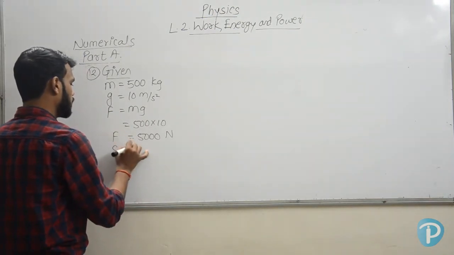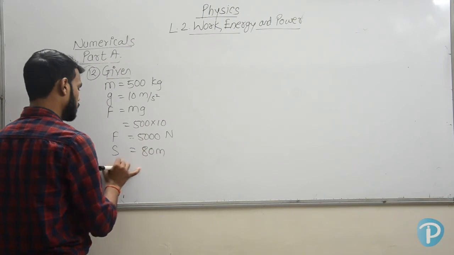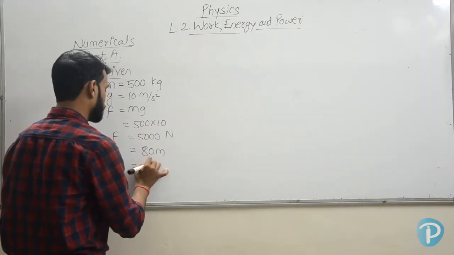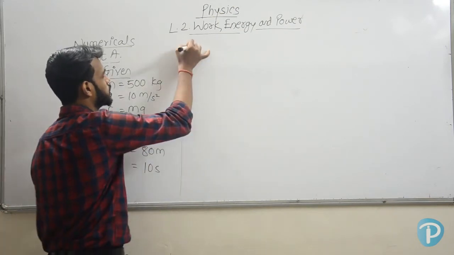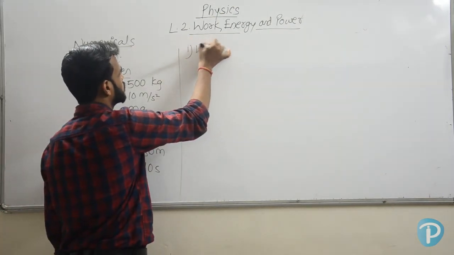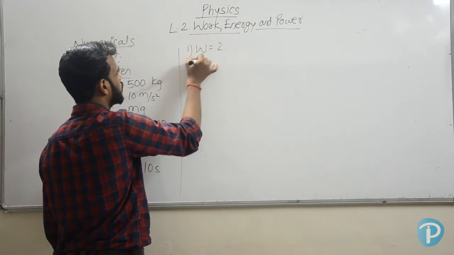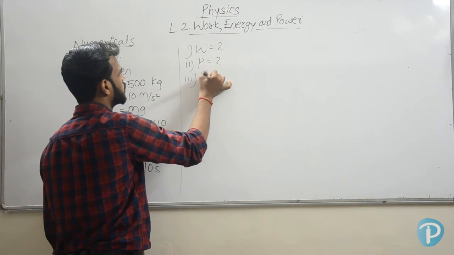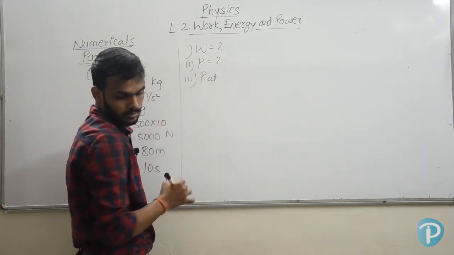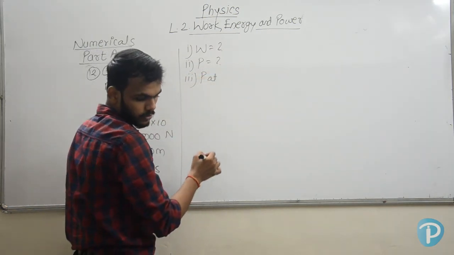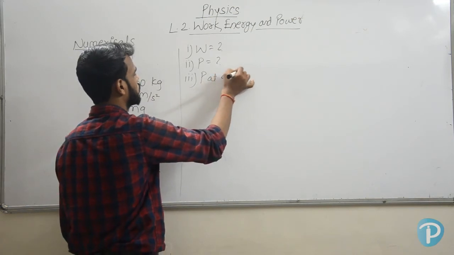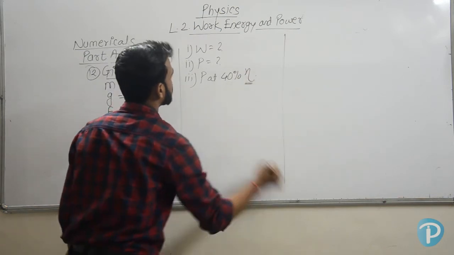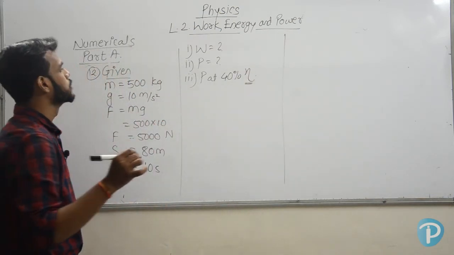So displacement S is equal to 80 meter, and the time is also given, which is 10 seconds. We have to calculate the work done, then the power developed, and then the power at the efficiency of 40%. This symbol is of efficiency. So we'll go one by one.